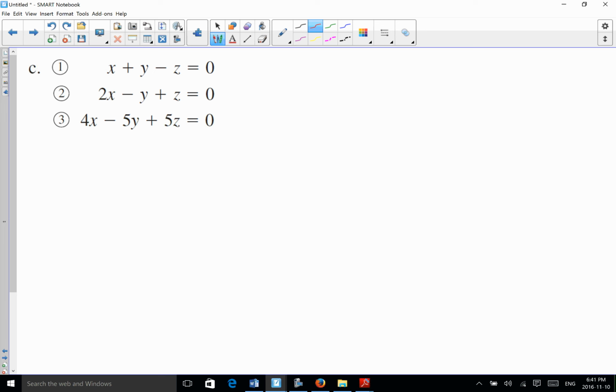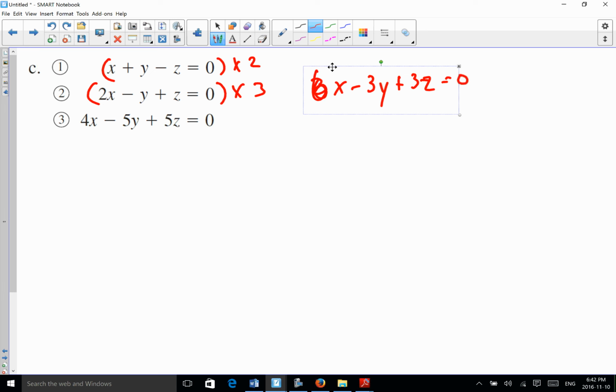Okay, it turns out if you take equation number 2, that's this one, and you times it by 3, you get 6x minus 3y plus 3z equals 0. And you take equation number 1 and you times it by 2, you get 2x plus 2y minus 2z equals 0.